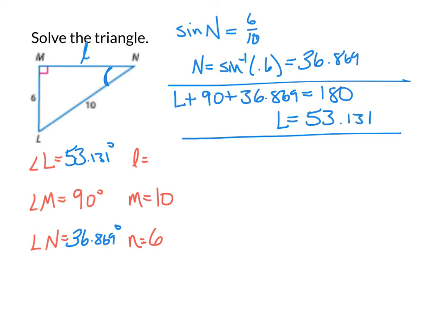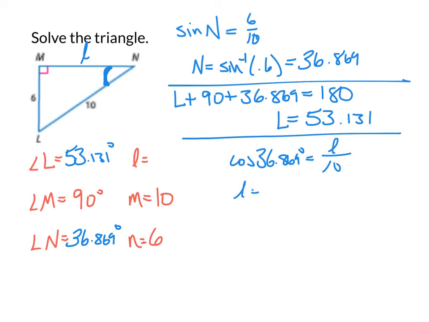So this side being side L, we could use trig again. Again, let's use angle N, side L, and say the hypotenuse. So for angle N, side L is the adjacent side. Adjacent over hypotenuse is cosine. So we got cosine of N, that 36.869 degrees, is equal to adjacent over hypotenuse.